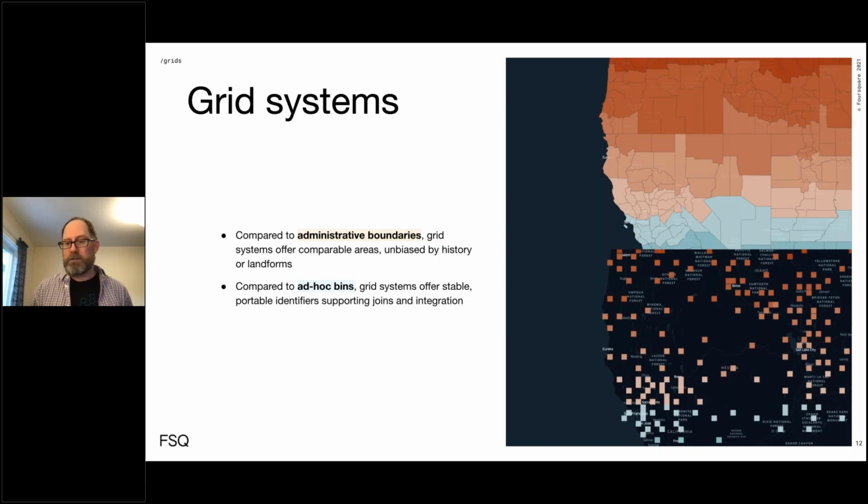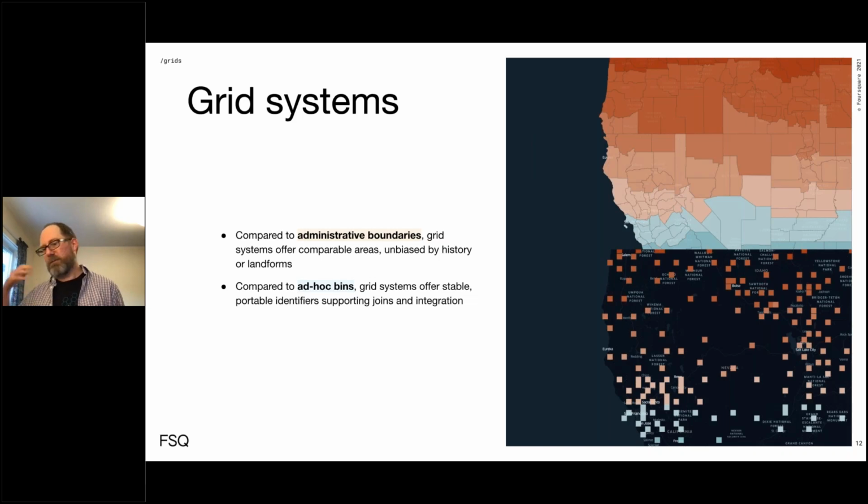Ad hoc bins are something you can usually get in a lot of GIS software. You can make your own hexagon bins, you can make your own square bins, and these things do give you a relatively unbiased shape and a sort of common unit, but it's a unit that's very specific to your own analysis. Where geographic grid systems really shine is when you want to bring lots of things together.